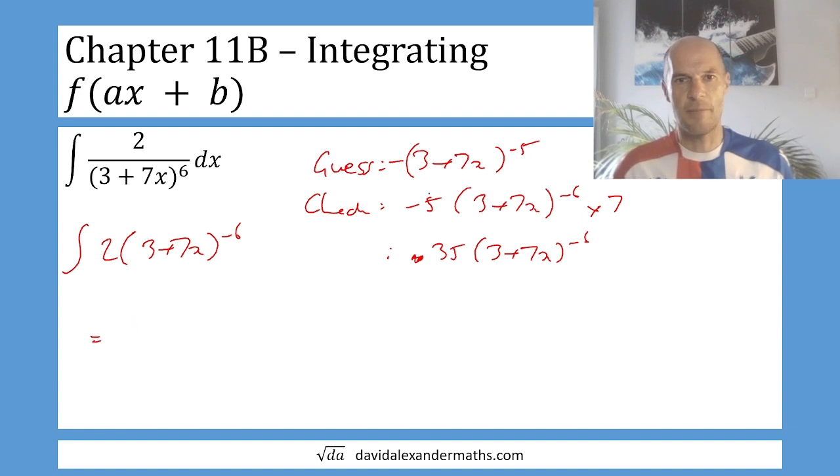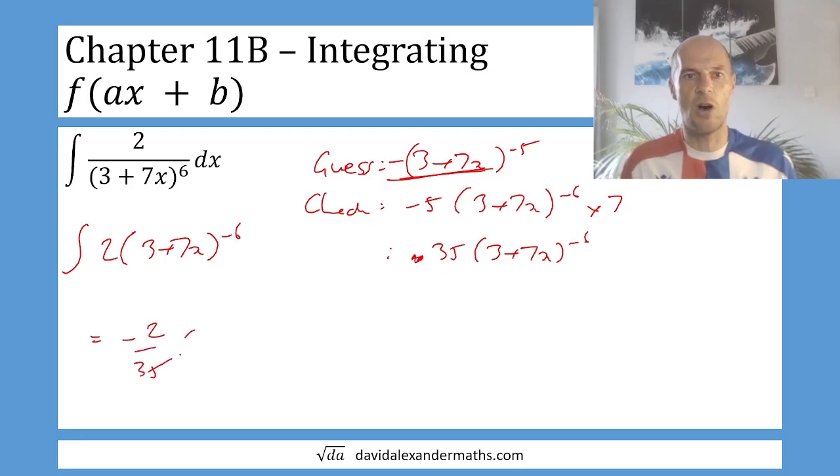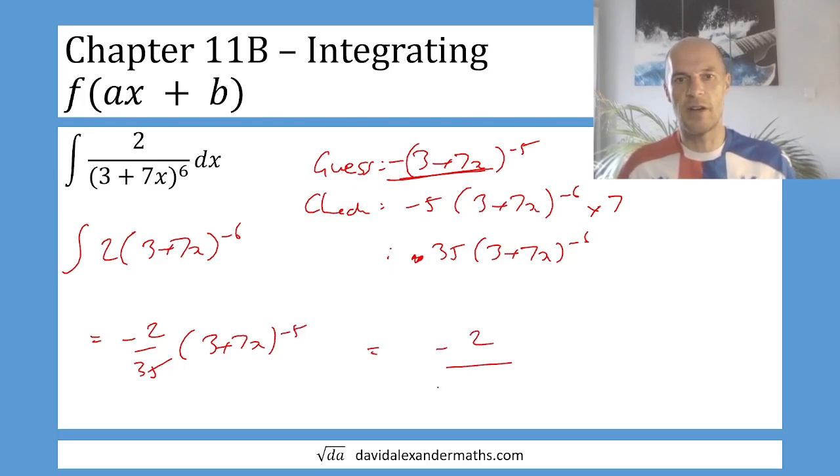So we need 2/35 of our guess: minus 2/35 of 3 plus 7x to the minus 5. You could write that as minus 2 over 35, 3 plus 7x to the power of 5, if you prefer. But don't forget the plus c, don't forget the plus c.